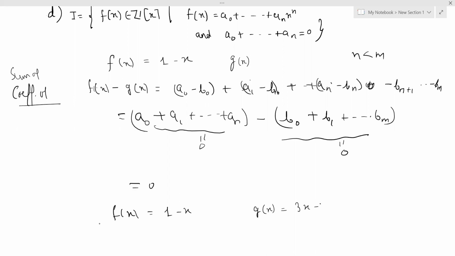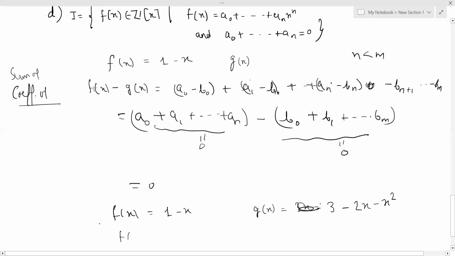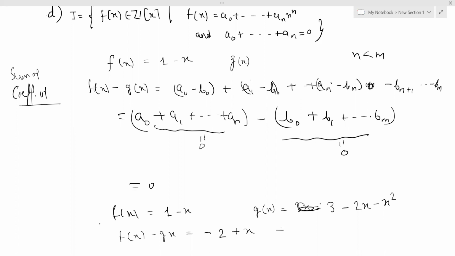So f(x) minus g(x) is equal to 1 minus 3, minus x plus 2x, plus x square, right? This is holding, it is not false. Yes, we gave a proof for this, so here you cannot get a counterexample. You can get a counterexample on multiplication only, if possible.